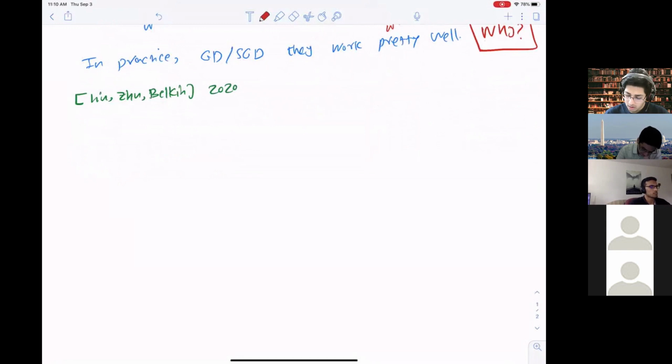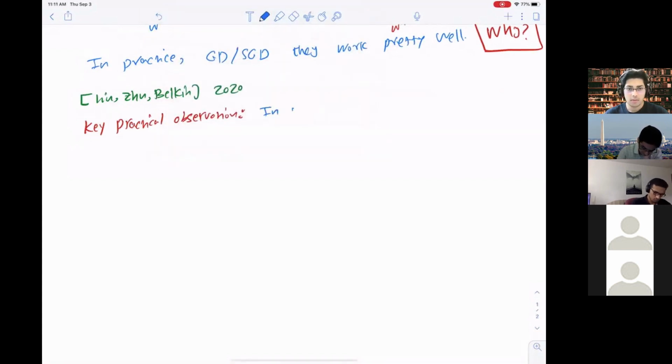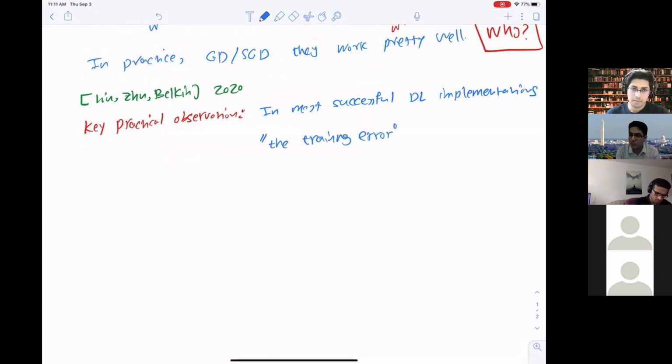So one key practical observation is that in most successful deep learning implementations, the training error, this is the error that I compute over samples in my training set, can be very small, almost zero.